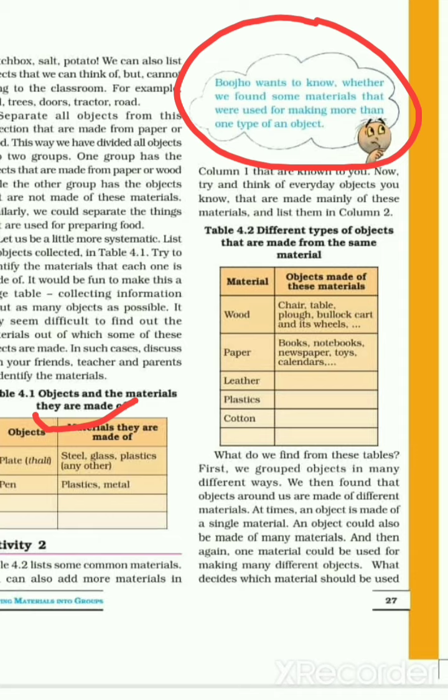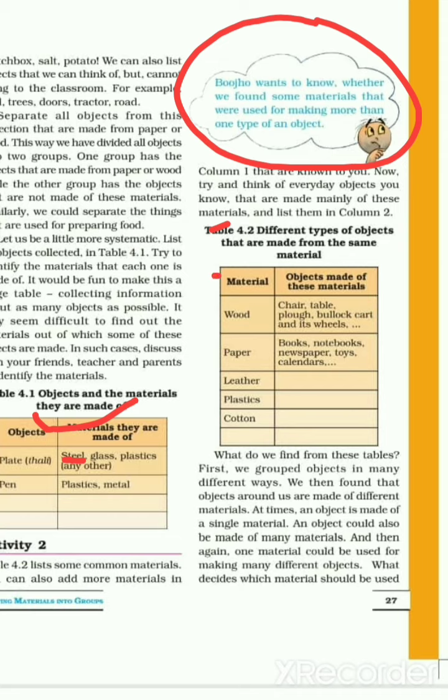So with the help of glass, tumbler, spectacles, window, utensil, toys, these many things we can make. So what is the conclusion here? Different objects can be made up of the same material. So let's see table 4.2. Table 4.2 explains that different objects can be made up of the same material.